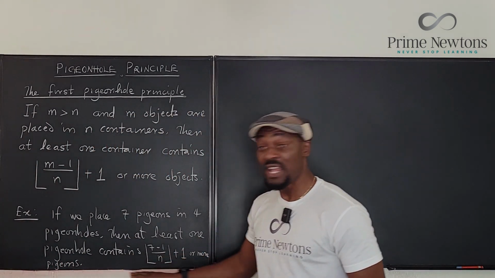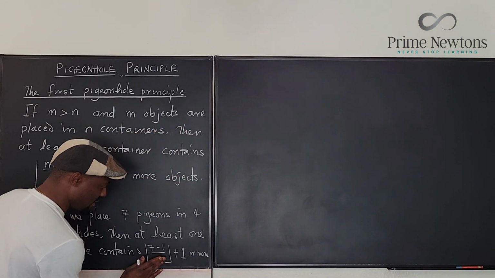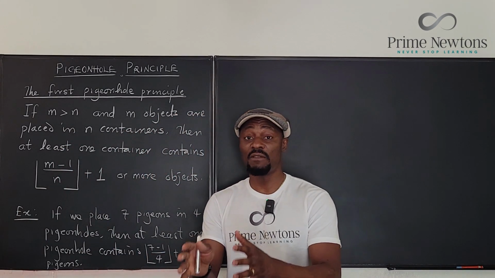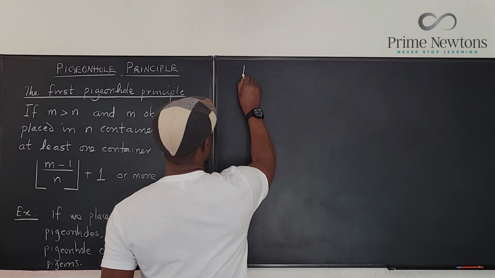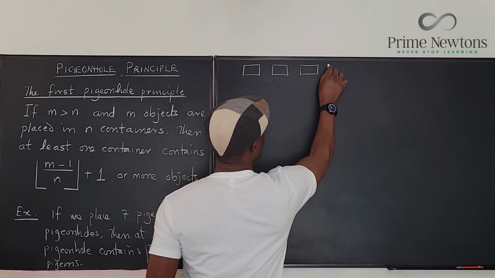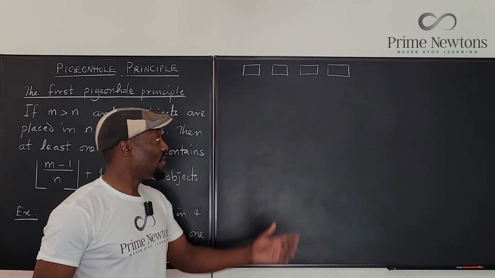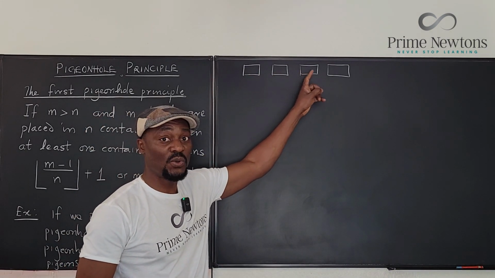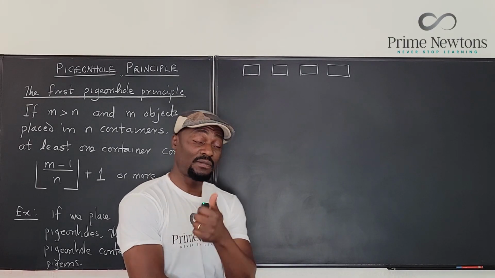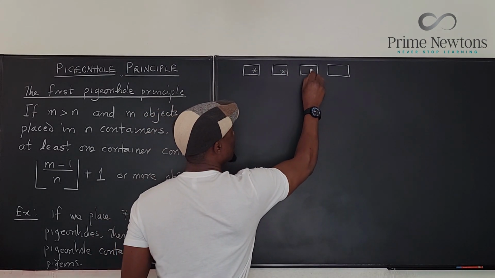Now, with the numbers, it is very easy for you to know. Our n in this case is 4. So what we're saying is, if you take 7 pigeons and you're trying to place them in 4 pigeonholes, if you're a good guy, you're going to put 1 pigeon in each of the holes and you're going to have 3 pigeons left.